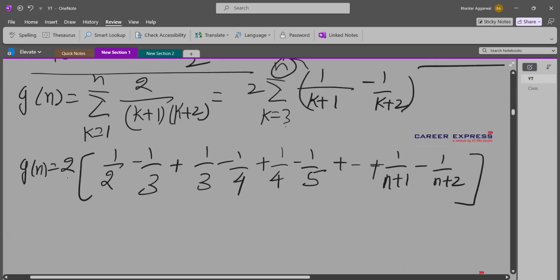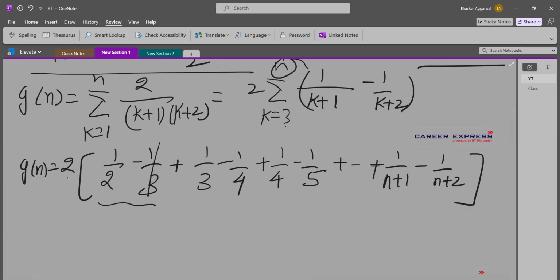As we can see, in every step the second term will get cancelled by the first term of the next step. Minus 1 by 4, the second term of the second step, will get cancelled by the first term of the third step, and so on. So I will be left with only the first term of the first step and the last term of the last step.